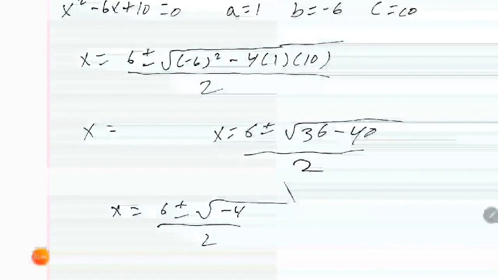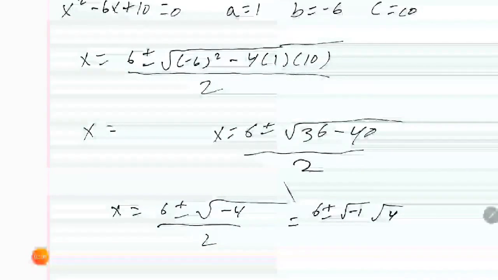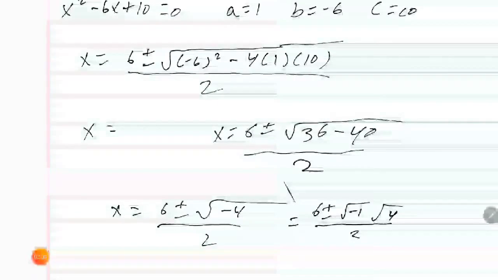So remember, from our imaginary section, we can change square root of negative 4 into the square root of negative 1 times the square root of 4. And from back then, we know that square root of negative 1 is equal to our imaginary number i.